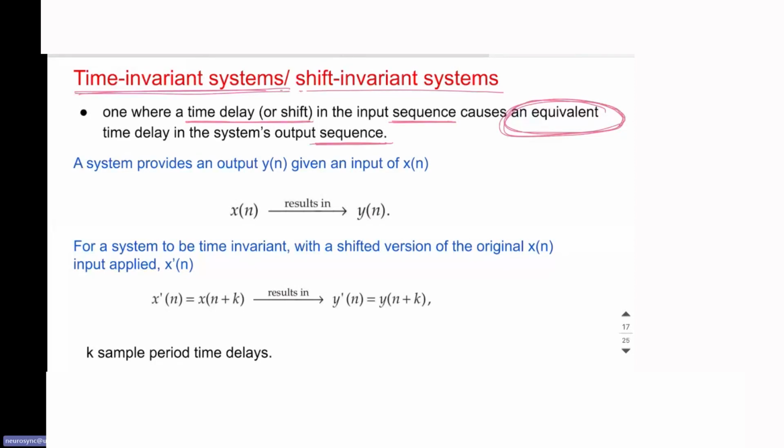Now, suppose I'm having some system here, which I say this is G of S, and I'm applying some input X of N. Actually, we should use square brackets here, and we are getting output Y of N. So this system G of S is just a representation of the system.